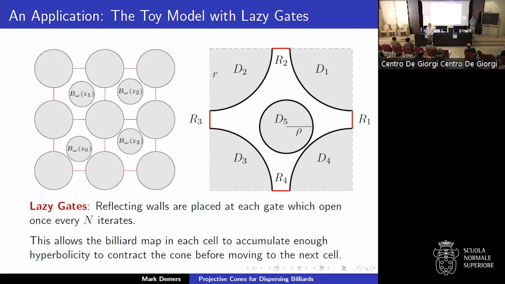But if there is some kind of uniformity, then maybe there is also uniformity in the time that it spends in a cell and then the neighboring cell. And then maybe you don't need the lazy gates model.